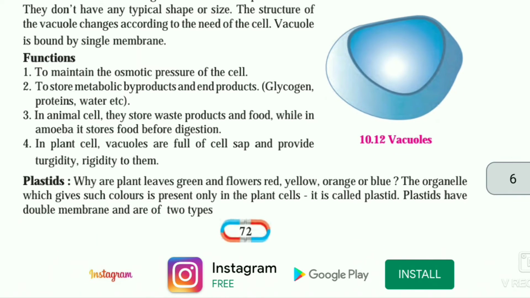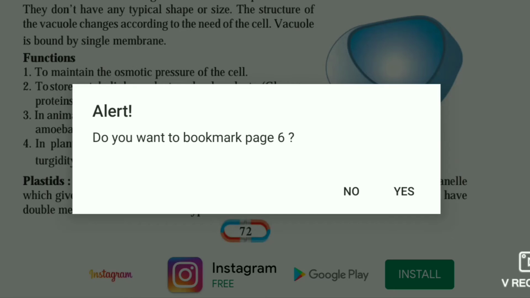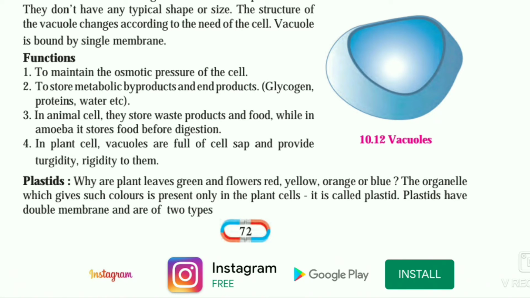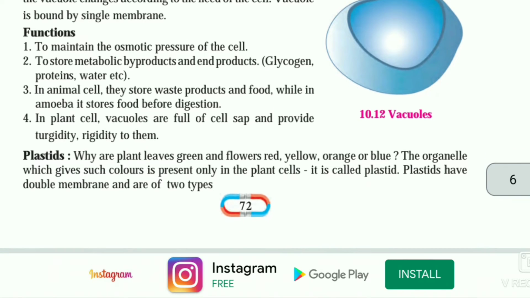Functions are: 1 number, to maintain the osmotic pressure of the cell. 2 number, to store metabolic products and by-products like protein, water etc. 3 number, in animal cell they store waste products, food, while in amoeba they store food before digestion. 4 number, in plant cell vacuoles are full of cell sap and fluid, they regulate turgidity.